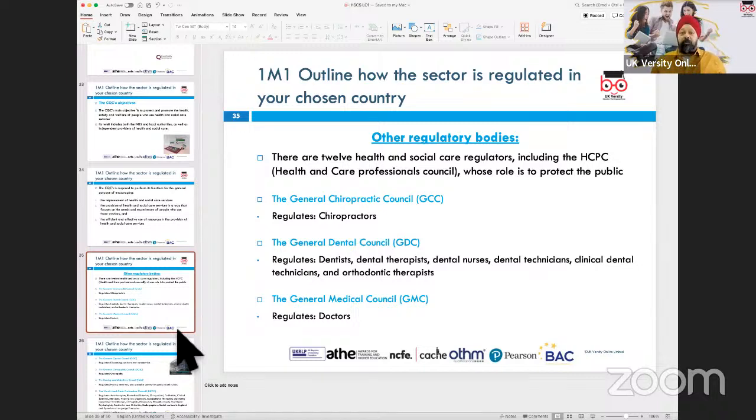You would need to conform to some of the guidelines which the GMC prescribes. And once those guidelines are met, then you are going to be given a license to be able to run your own surgery or your own practice.